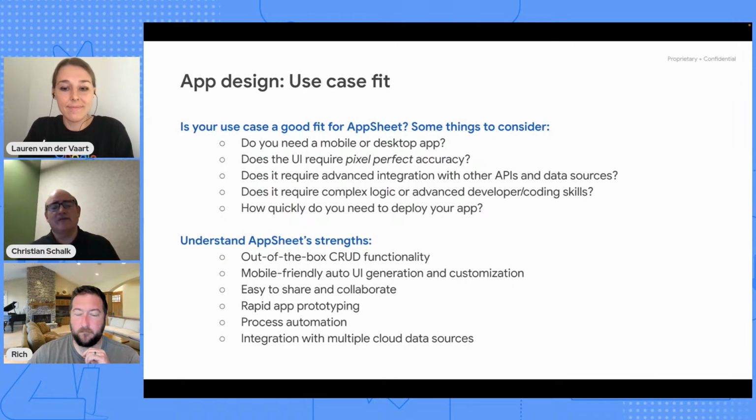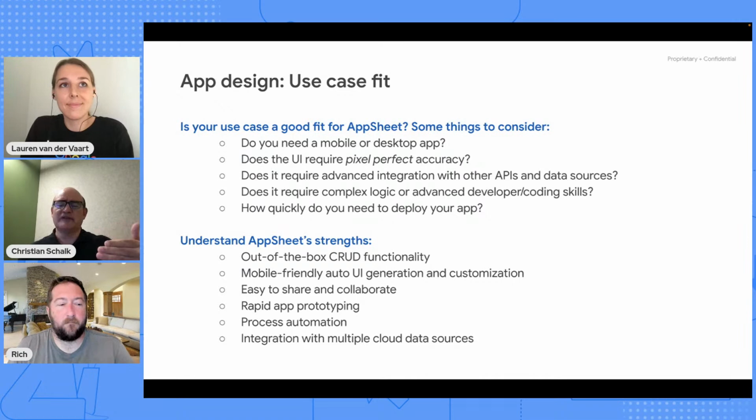Some other things to ask yourself before getting into the actual building of the app: does your application require advanced integration with other APIs and data sources? That's not to say that AppSheet does not connect with other data sources and APIs. It's just that if you have a very long list of custom types of integrations, then you're less equipped with what you get with AppSheet.